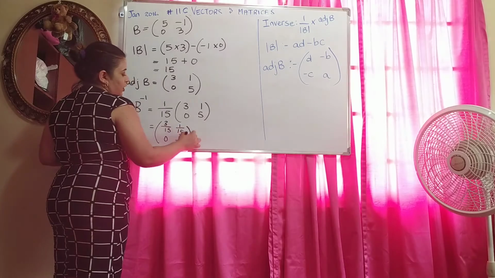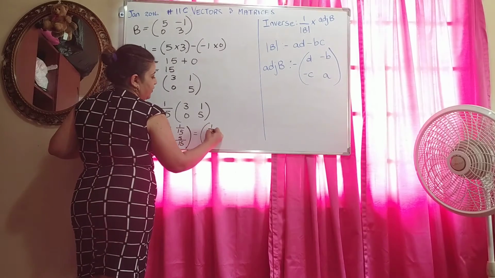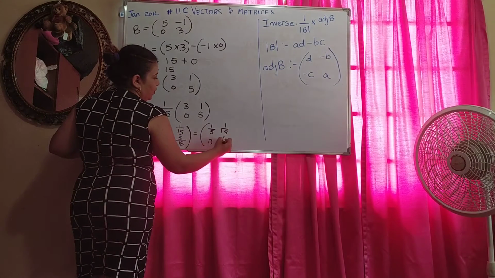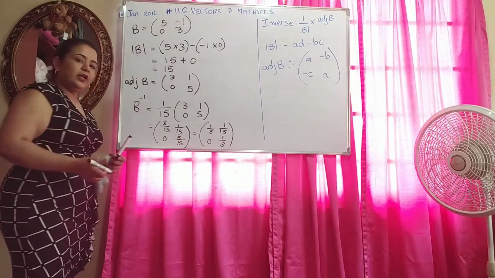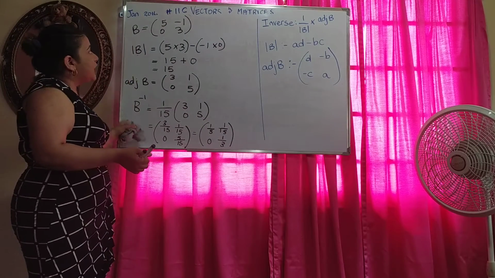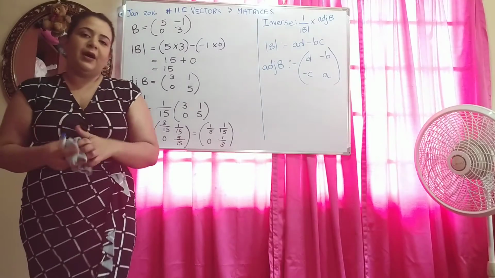Obviously, we can reduce these to give us 1/5, 1 over 15, 0, and 1/3. I'm not sure if the reduction is going to help, but we can do it, so we go ahead and we do it. So that takes care of January 2016, question 11C, part 2.